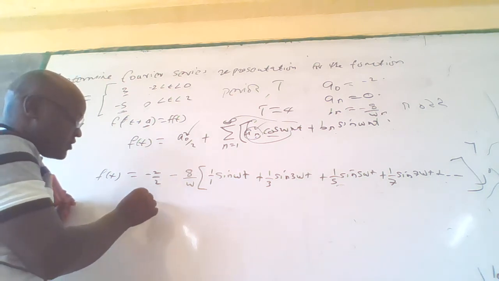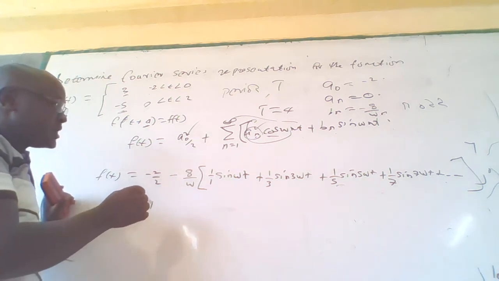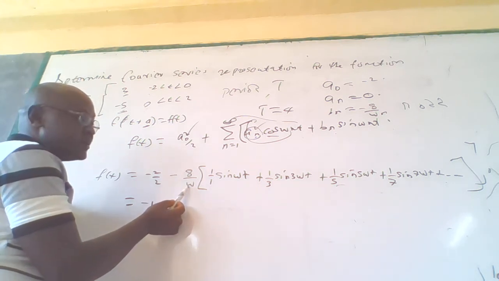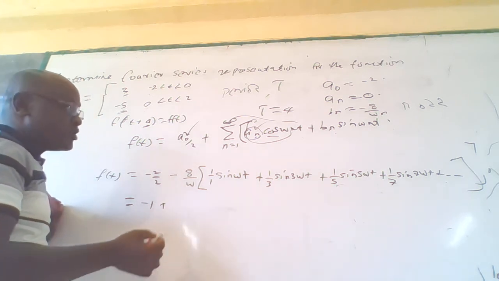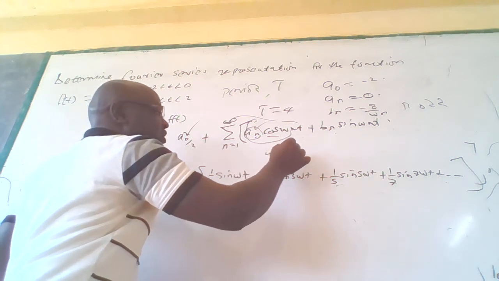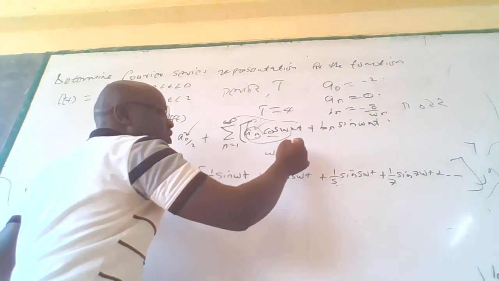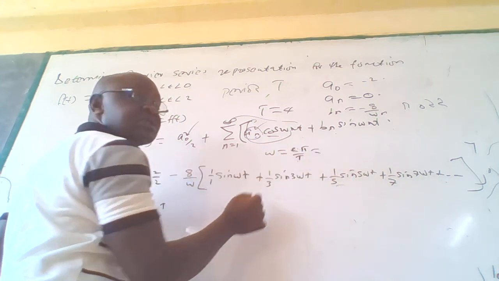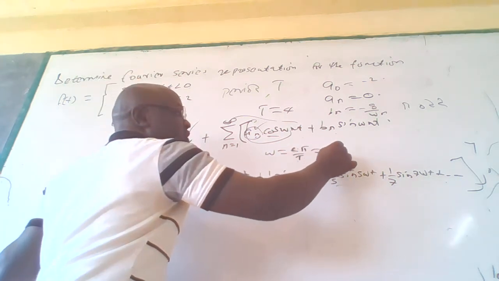We can still replace omega if we want, because we know that omega equals 2 pi over T, which, with T equal to 4, will be pi over 2.